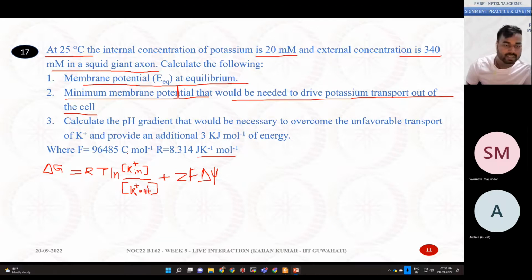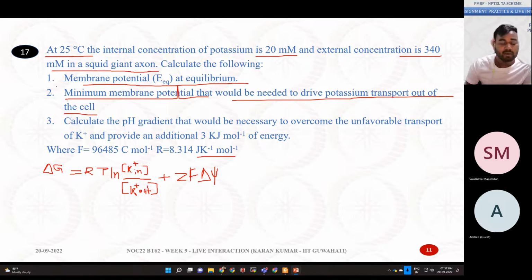Then, what is Faraday? The Faraday constant is a constant, in coulomb per mole. Z stands for the charge on that particular ion, and psi is your membrane potential, which you need to calculate.